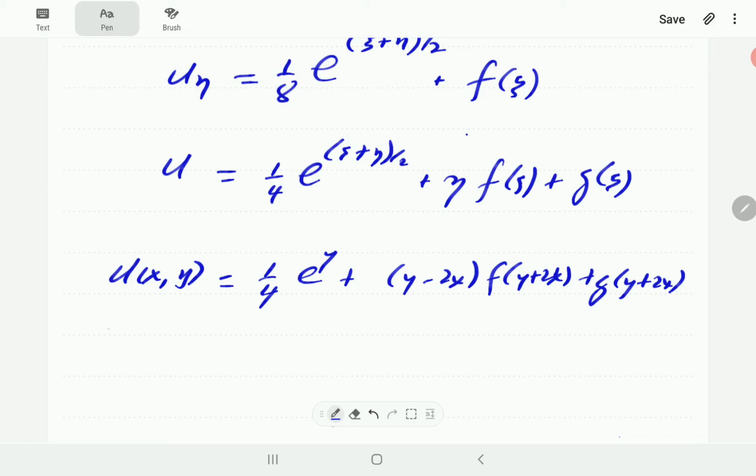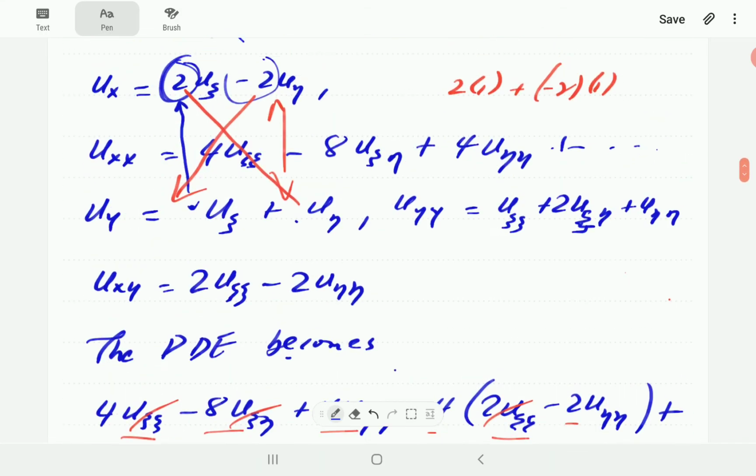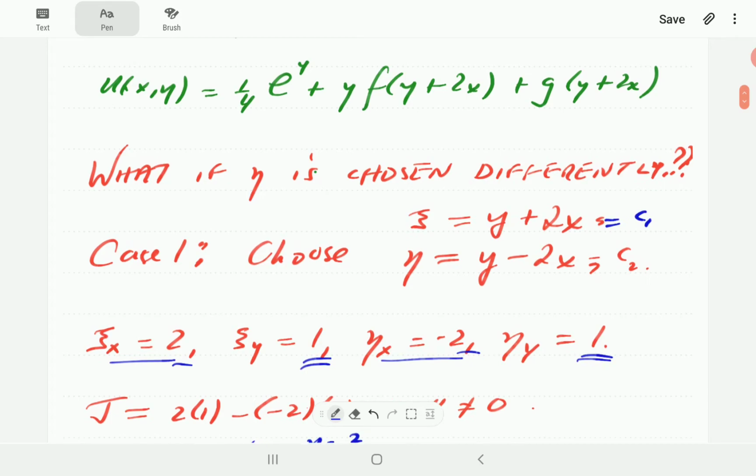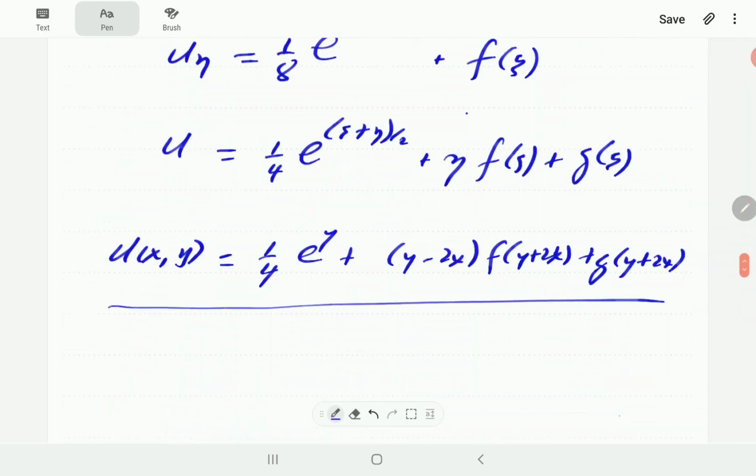And so this is our general solution this time, to be compared with this one here. You can see that the first term is exactly the same.